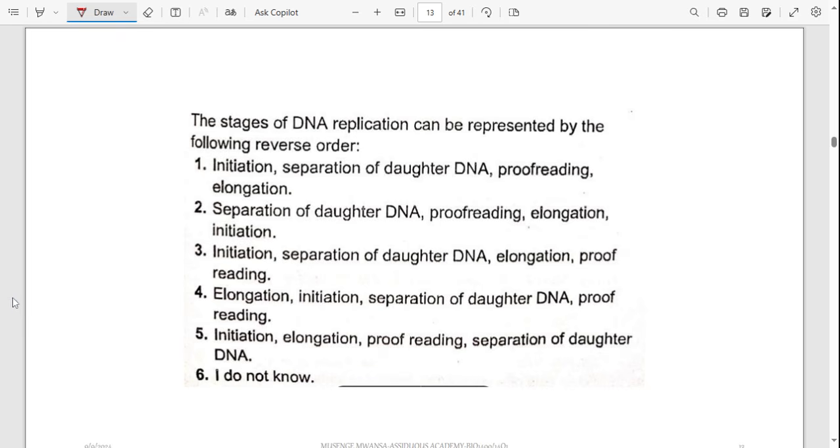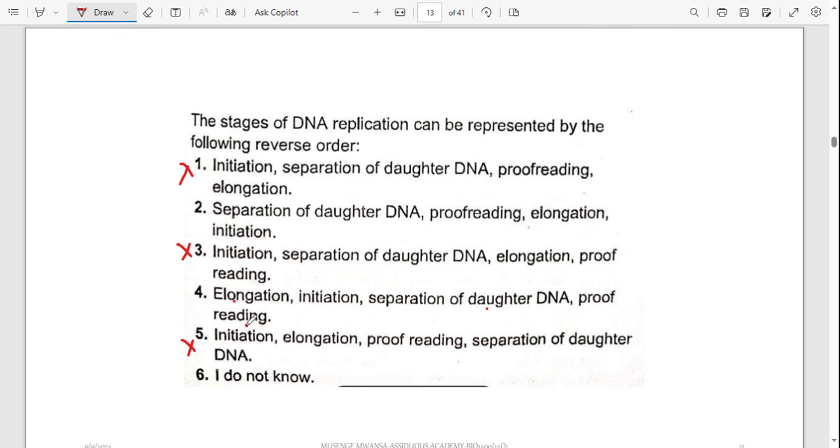The stages of DNA replication can be represented by the following in reverse order. Remember, this is reverse, so we will not start with initiation. Even this one is out, right? Separation of daughter DNA, proofreading, elongation, initiation. Another option is elongation, initiation, separation of daughter strands, proofreading.